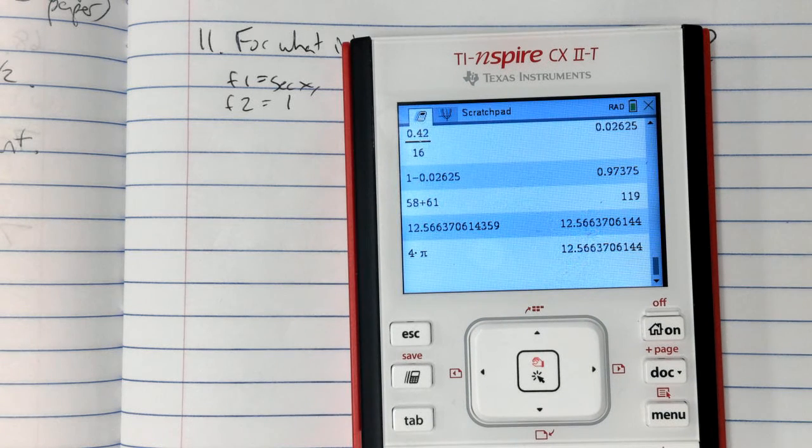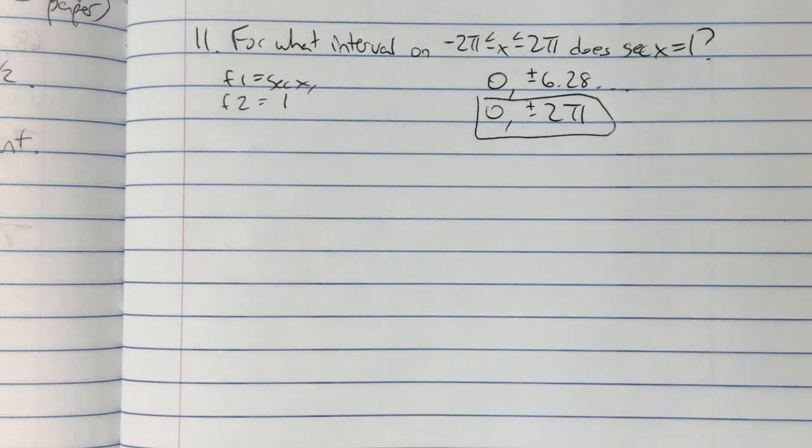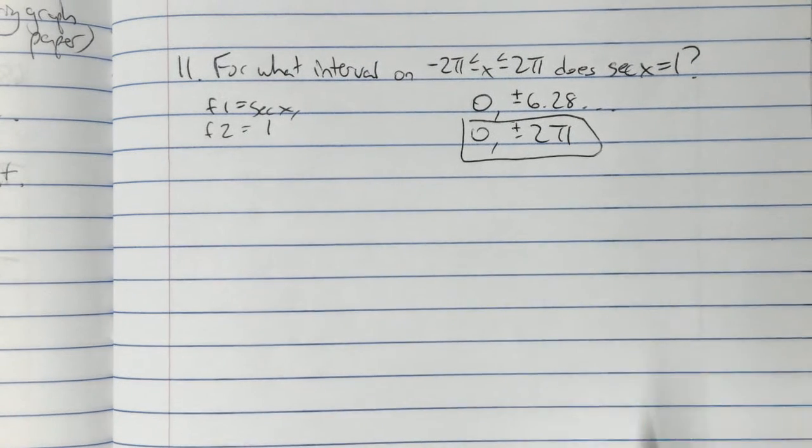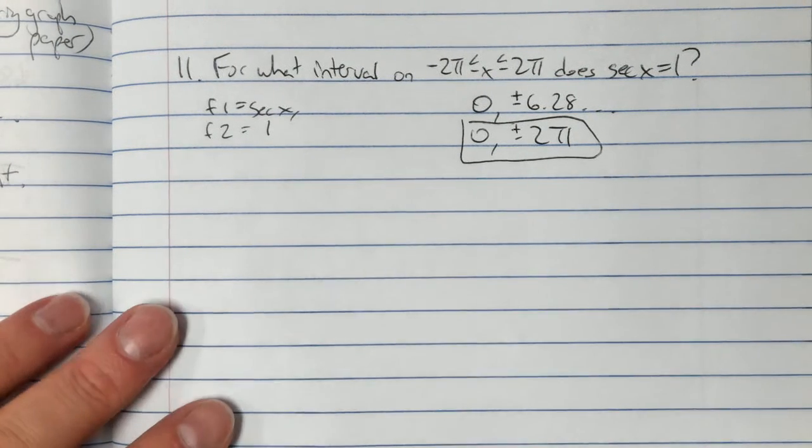So it won't convert the square root for you, but you can double check things that way. You use Control-C and Control-V. Any questions? Okay. Alright, so we have 0 and plus and minus 2 pi.